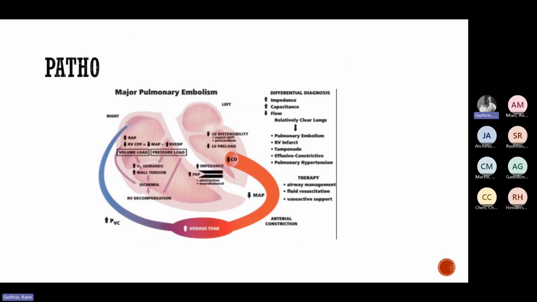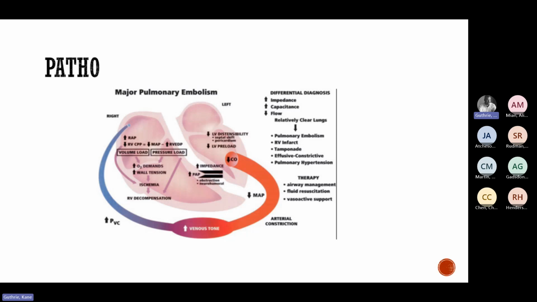And so this is just a schematic diagram. When you're getting decreased left ventricular preload from actual blockage in your pulmonary vessels, which is what transmits your oxygenated blood from the right side of your heart to the left side of the heart, this is where you get this increased venous pressure and tone, and you get this backfill into the right ventricle.